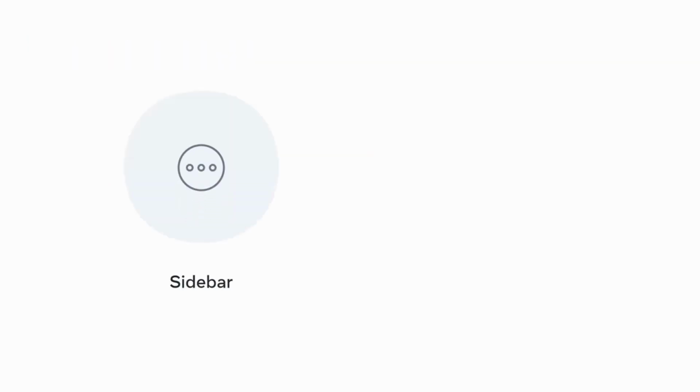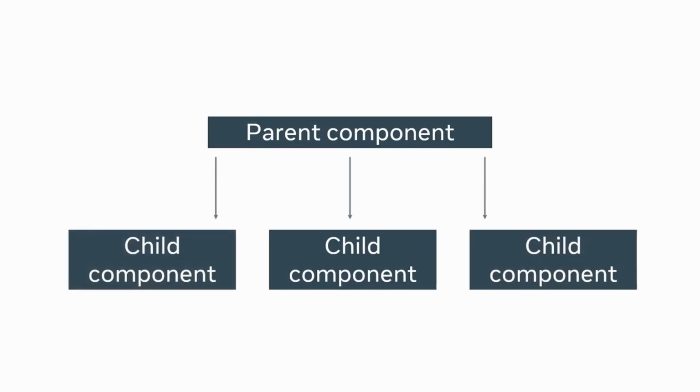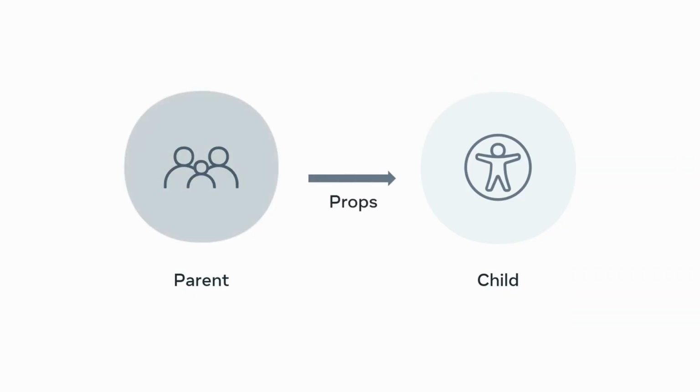Knowing this, you can now code the sidebar component and the footer component in a similar way to the promo heading component. Remember that in React, the props data always flows from the parent to the child component. And using props helps you avoid the need to change the data in several places. Instead, you make the change at the data source, the parent, and the updates will be applied to the child automatically.